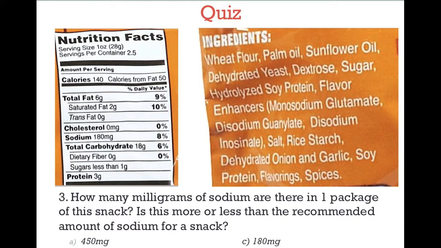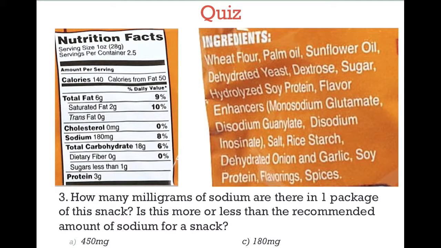Question number 3. How many milligrams of sodium will I consume if I eat this whole package? Is this more or less than the recommendation of sodium for a snack? To answer this question, first look at the sodium, then look at the servings.